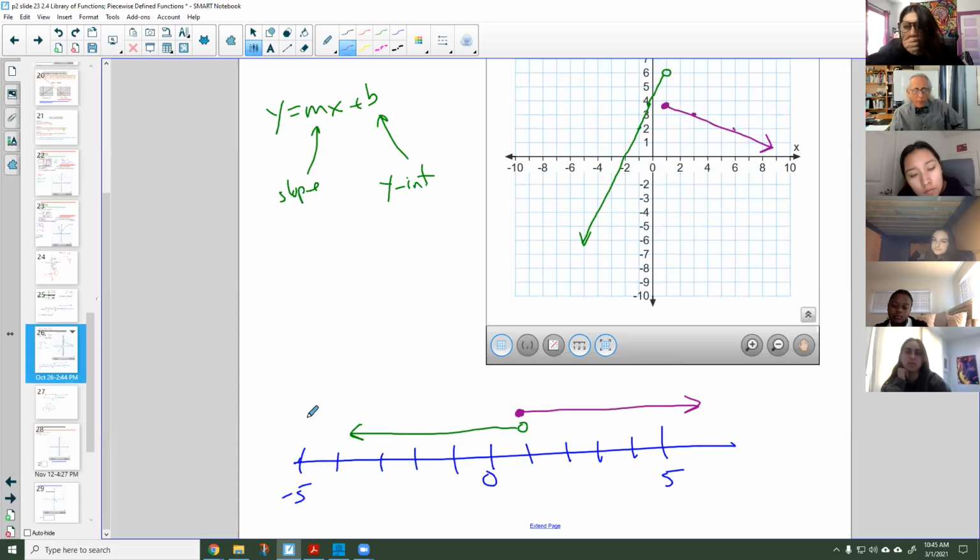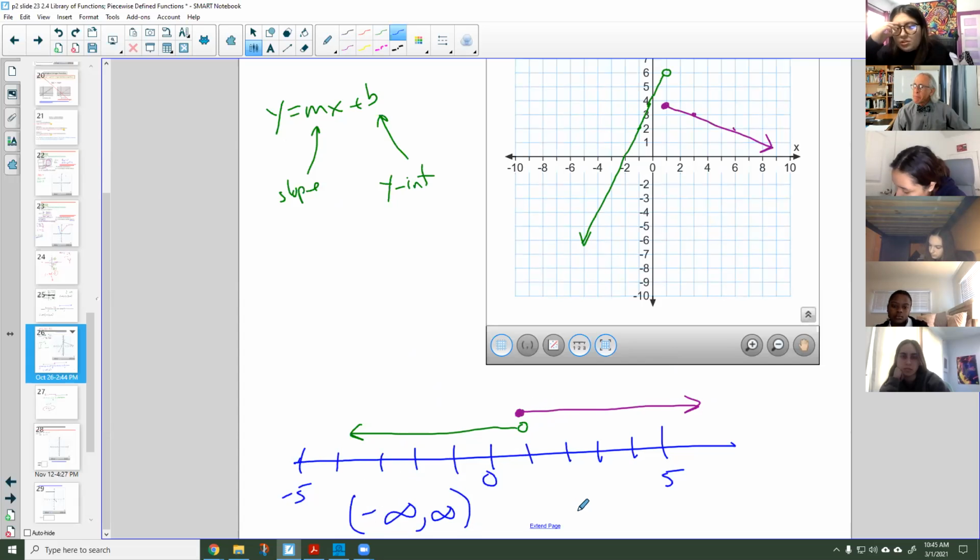It looks to me like I'm starting over here at -infinity, and I go all the way over here to 1, and the green one stops, but the purple one picks it up. The purple one includes 1, and then it goes to infinity that way. So my domain is -infinity to infinity. That is my domain of this function.